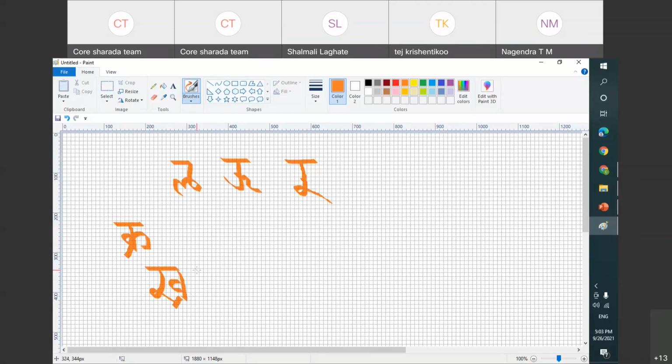I think we are left with a maximum of 2 classes. Then we will also take one class on the manuscript so that you can read the old manuscripts also. We will also send you some assignment. Then we will take an examination. We will give you the date for the examination. But there are a few more rules to be remembered, which we will take next Saturday and Sunday.